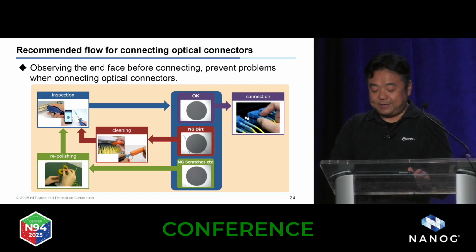As you can see, various problems can occur at the optical connector connection point. The way to prevent or resolve the optical connector end face problems explained above is to first inspect the optical connector's end face before connecting it. Check the end face and clean it if necessary.